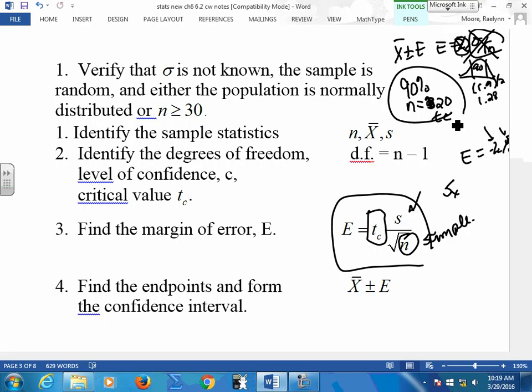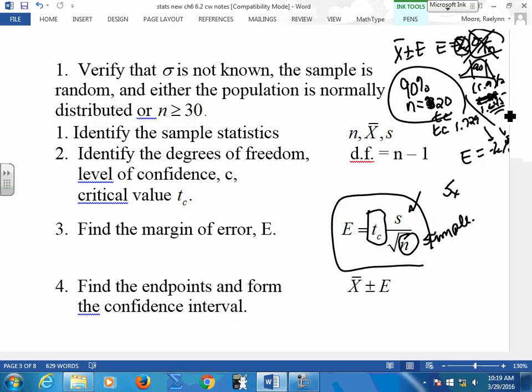Oh, this is 1.645. Find me your TC. 1.729. Look at the difference. The ZC is 1.645. The TC is 1.729.